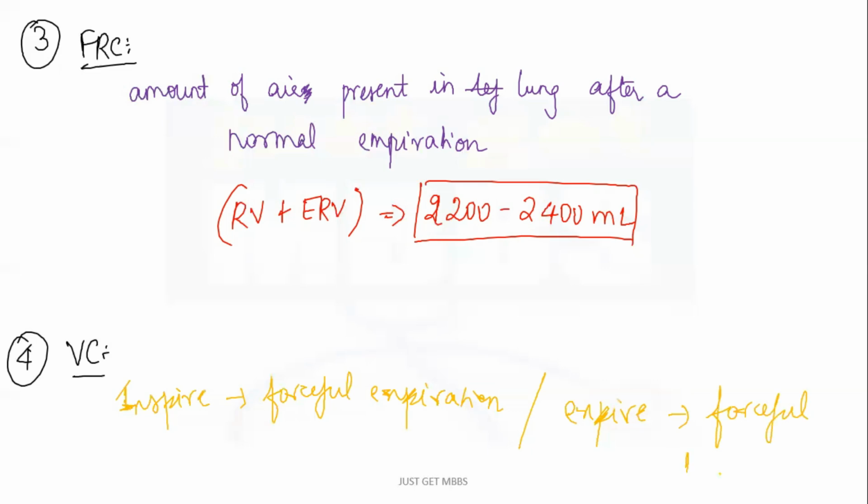I will give the instructions accordingly. If a patient is comfortable with inspiring more than expiring, I can ask him to do this process. Depending on the patient condition, I can ask him to do any of this. The amount of air that a patient can expire after a forceful inspiration is called vital capacity.